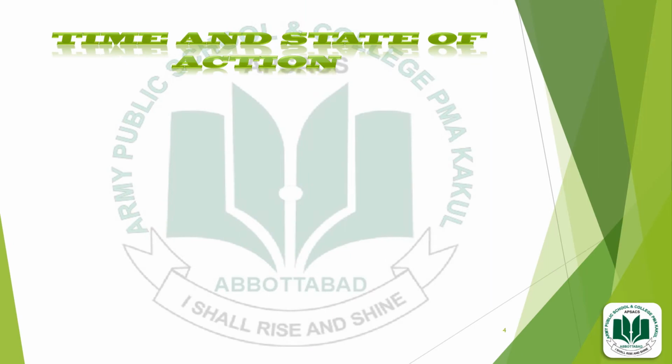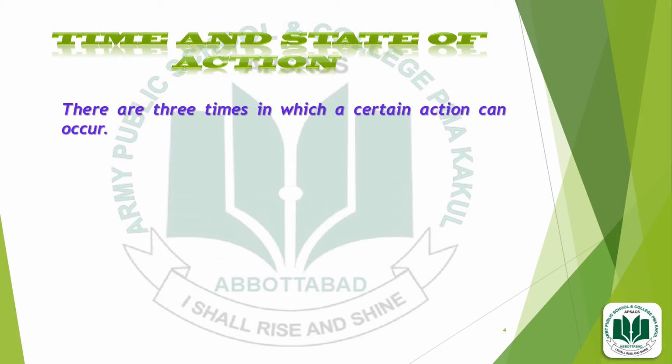We have talked about tenses many times before, and today we are going to see simple past. But before that, it would be fruitful to see some basics of the tenses. There are 3 times in which a certain action can occur.